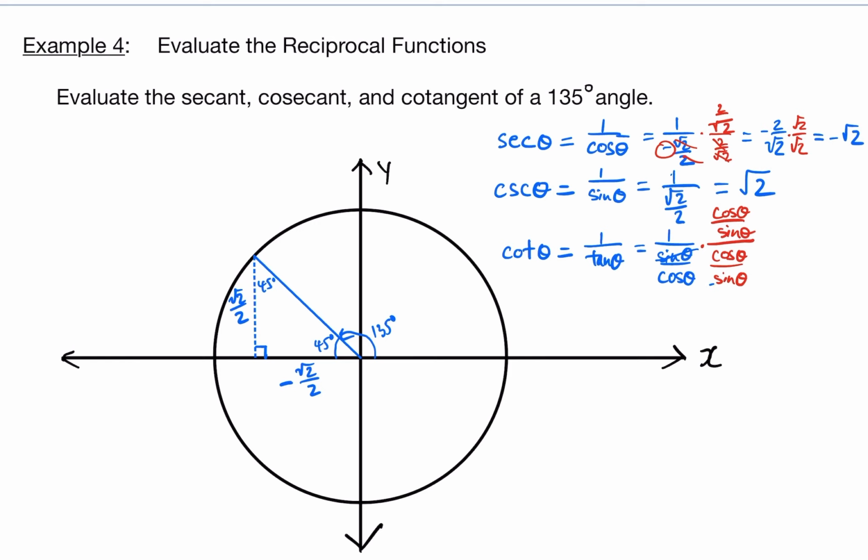So sine of theta cancels out, cosine of theta cancels out, and so now we're left with just cosine theta over sine theta. Well, what is cosine theta? Cosine theta is the x part of the triangle, and that's going to be negative square root of 2 over 2, and that's over the sine of theta. Sine of theta is the y portion of the triangle, and that is the positive square root of 2 over 2. Well, when you have a negative square root of 2 over 2 divided by square root of 2 over 2, this works out to be negative 1.